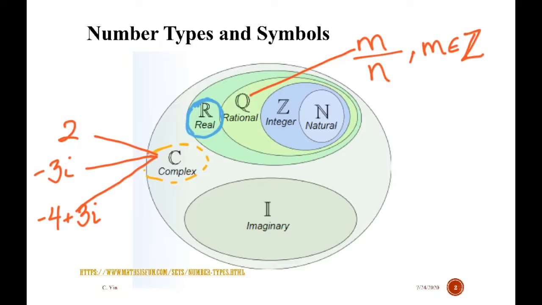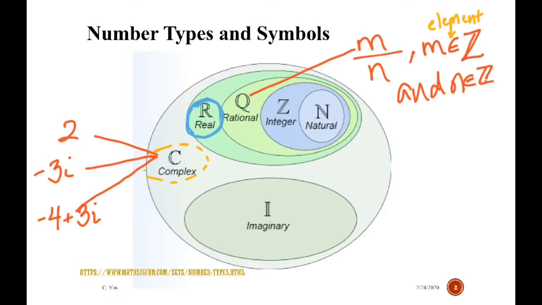Now, to cover some symbols here, we say that m is an element of, all right, this little symbol right here just means element. And then we also have n as an integer, so n is an element of the set of integers.